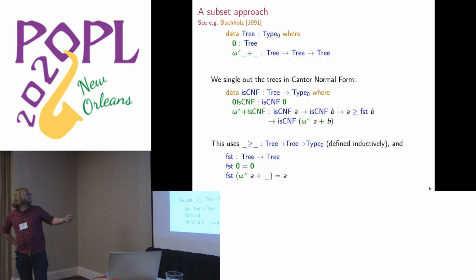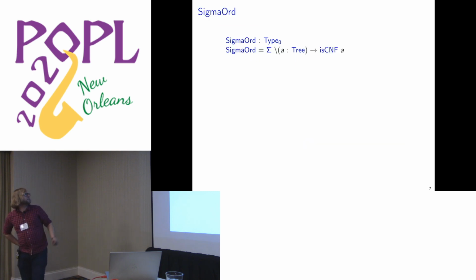OK, so we can define this predicate, and then we can form the type of ordinals as a sigma type of a tree together with a proof that it is in Cantor normal form. Right. So we don't consider all the trees, we just consider the subset of the ones that are well behaved.